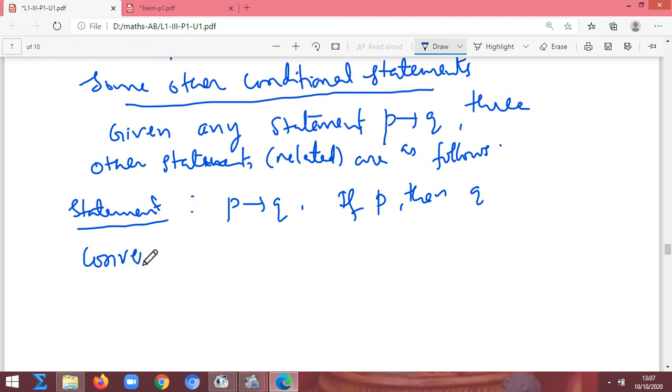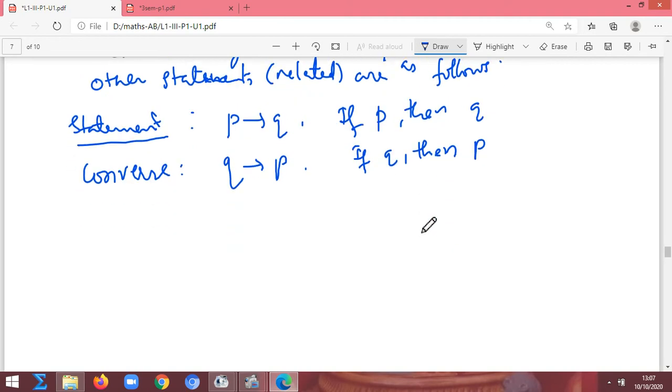What is the converse of that? Q implies P. That is, if Q, then P. So, this is the converse of the statement.